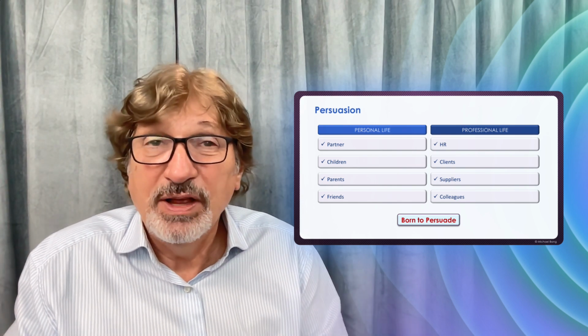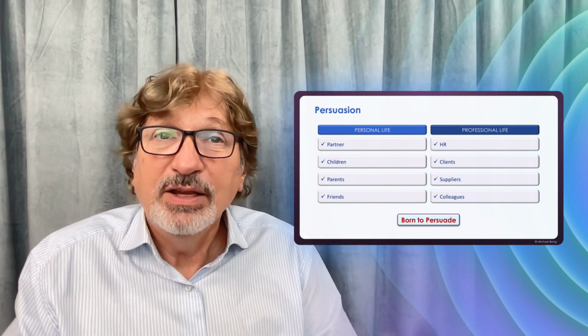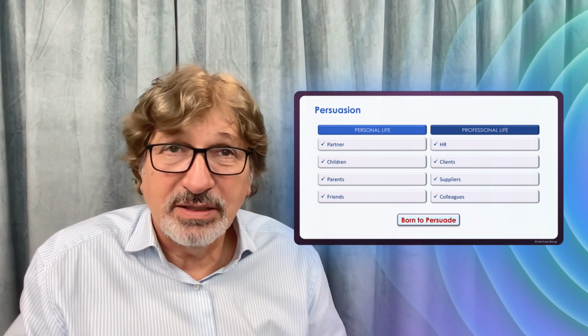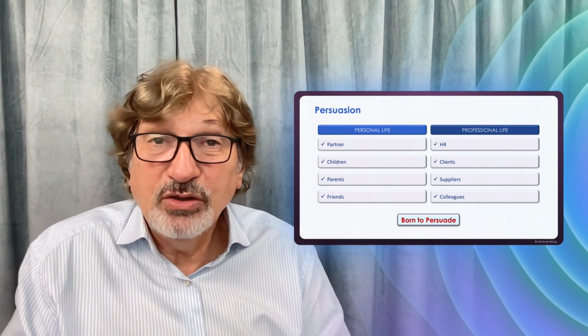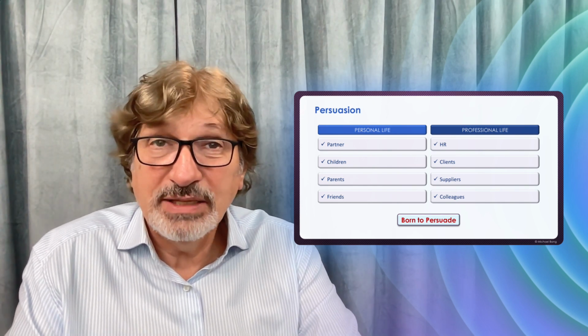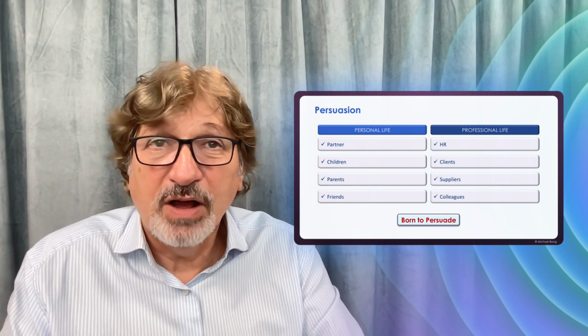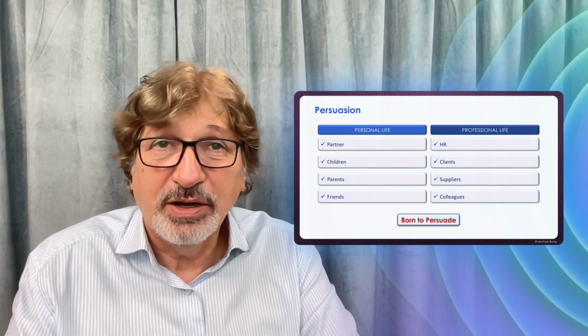They will use force. They will say, if you don't pay your taxes, you're going to go to prison. You're going to get penalties. Life is going to be tough on you, etc. But you can't do that with your client. You cannot say to your client, if you don't buy my stuff today, I'm going to put pressure on you.